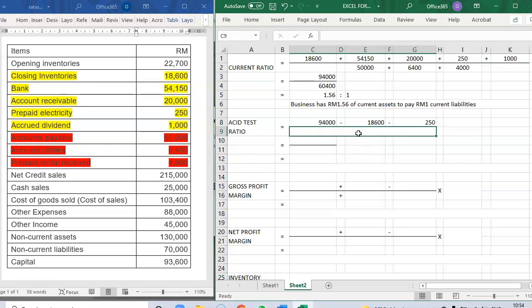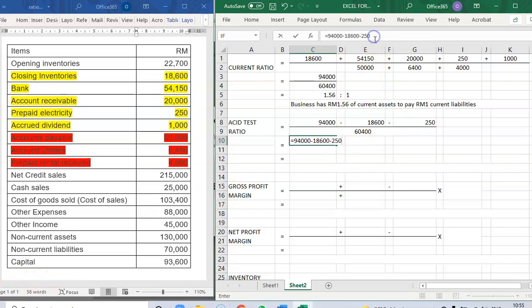And the total current liability you already calculated previously, then you use that amount, 60,400. You do not need to calculate it again because you already calculated it here.